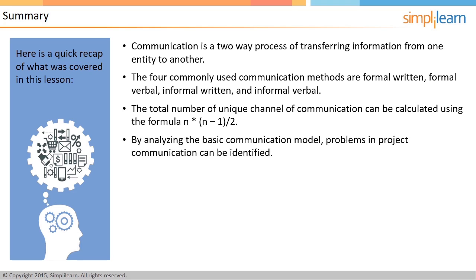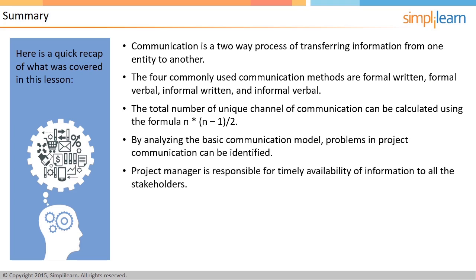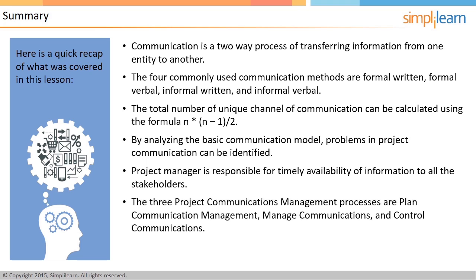By analyzing the communication model, problems in project communication can be identified. Project manager is responsible for timely availability of information to all stakeholders. The three project communications management processes are plan communication management, manage communications, and control communications.